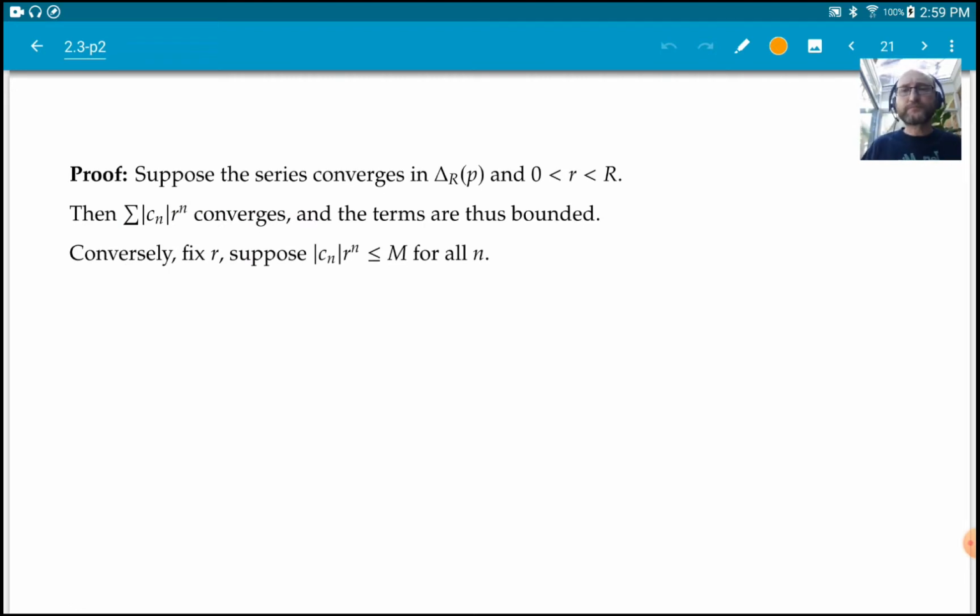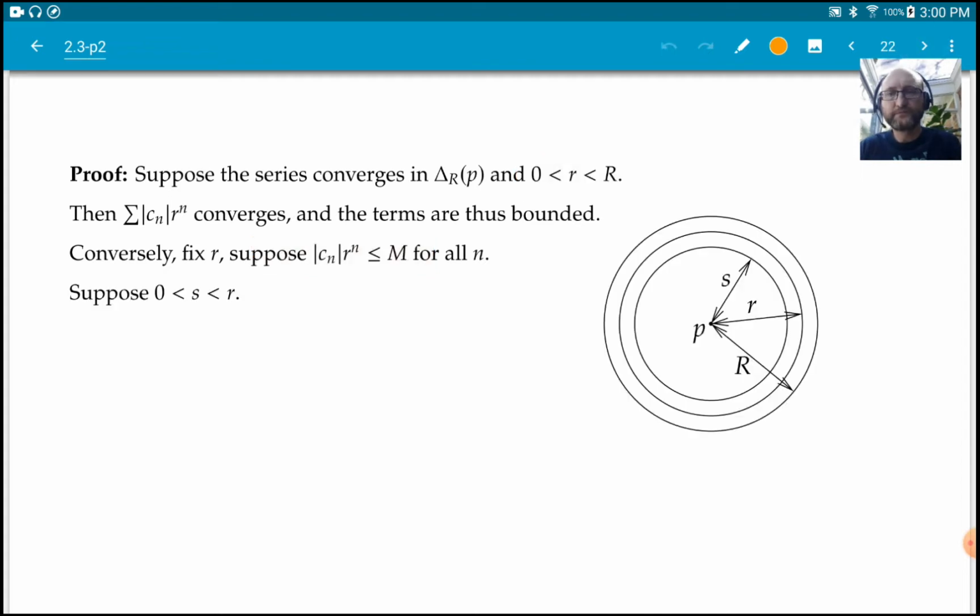Conversely, fix an r, again it should be an r less than capital R, and suppose that this is bounded, and we want to show that the series converges. So let's stick in another radius, slightly smaller again.